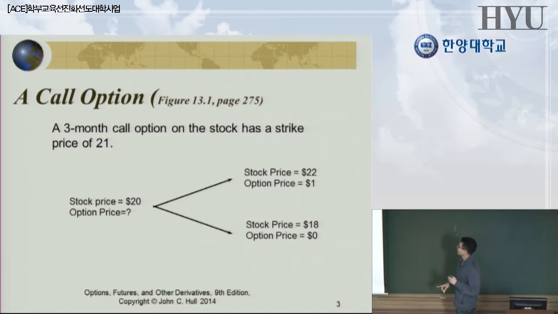So in this case, if we receive $1 for sure in 3 months, it is 0.25 in annual terms. Therefore, the value should be 1 minus R delta T, right?